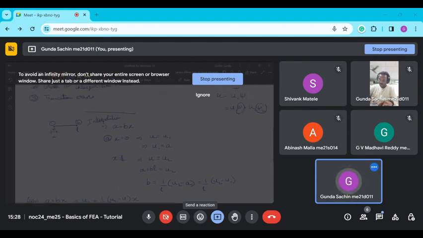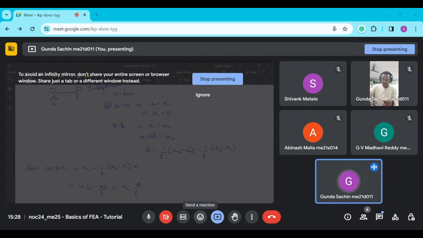Here, in both cases the interpolation function is a plus bx, but we are just rewriting it in terms of the degrees of freedom so that we can directly solve for u1 and u2. This makes much more sense because it directly gives the information of the solution on the nodes.